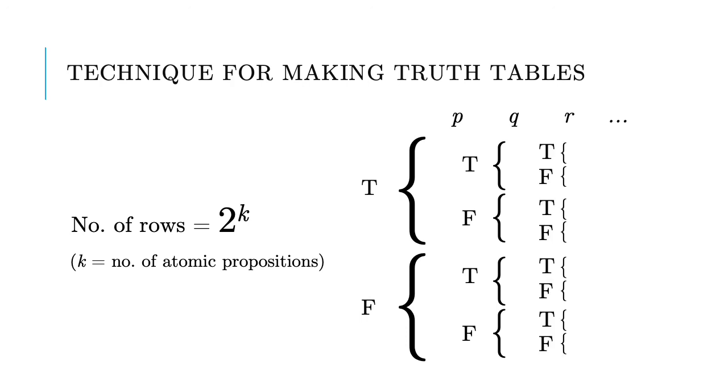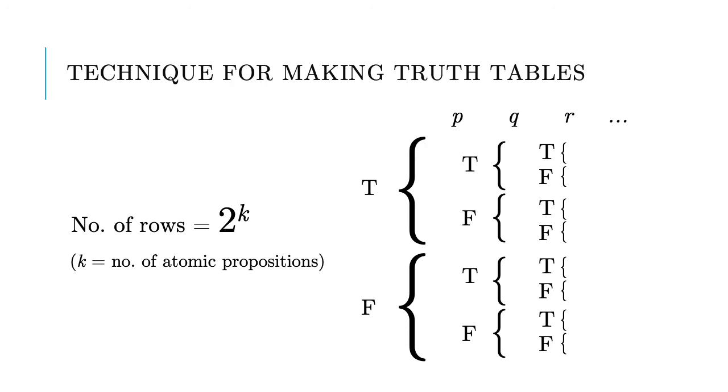And repeat this by subdividing the number of propositions. So if we only had 3 variables here, we would know that we'd have to have 8 combinations. So under P, we would need 4 truths and 4 falses. And then under Q, we'd have to have 2 truths followed by 2 falses, followed by 2 truths, followed by 2 falses. And under R, we would have a true followed by a false, repeated 4 times.